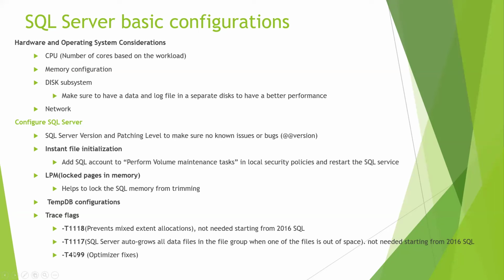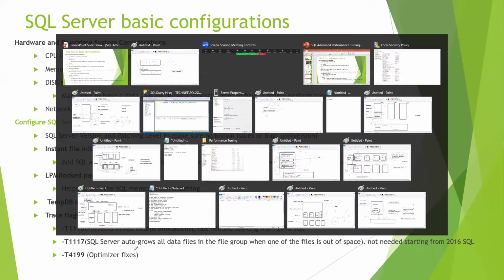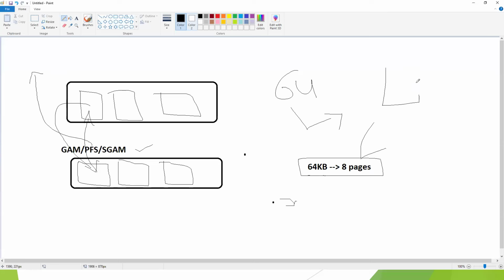And 1117, right? Whenever auto growth happens, this is also default behavior now. Let's say I have 3 files, and I want to allocate space. This is 10 GB, this is 10 GB, this is 10 GB. Now I have allocated space.